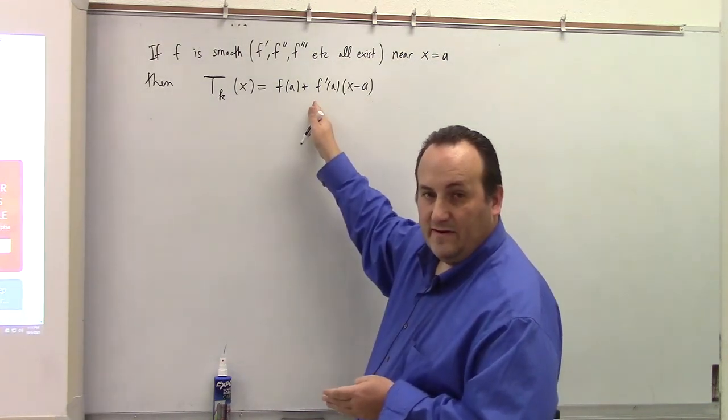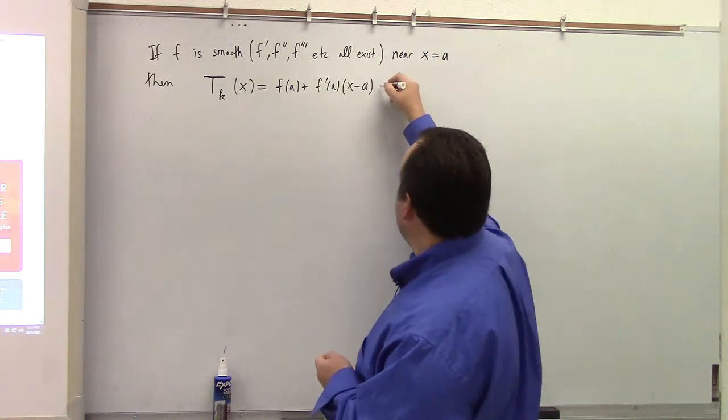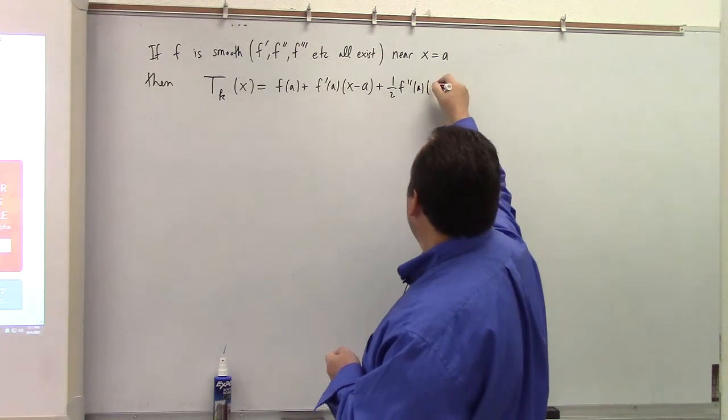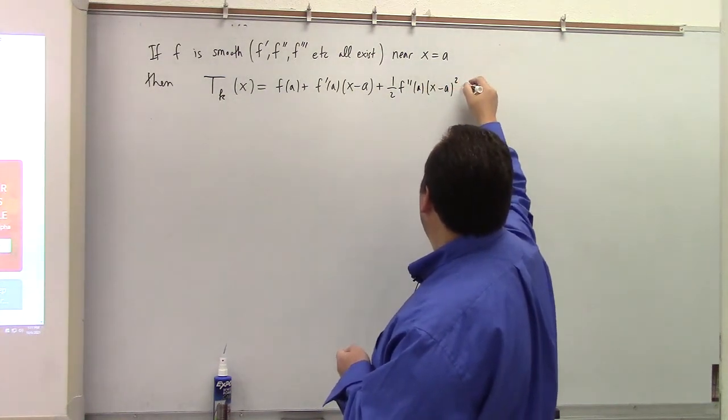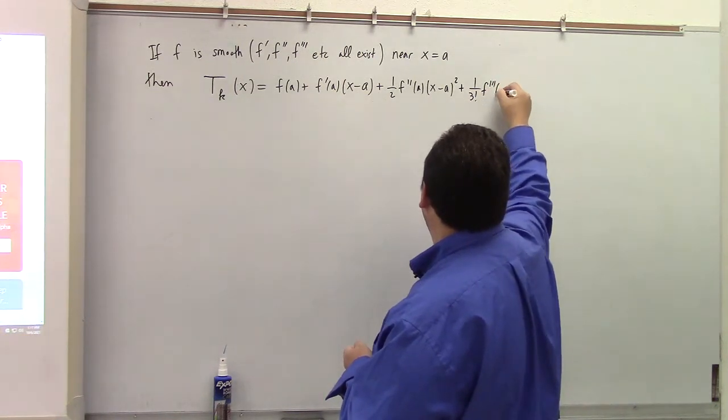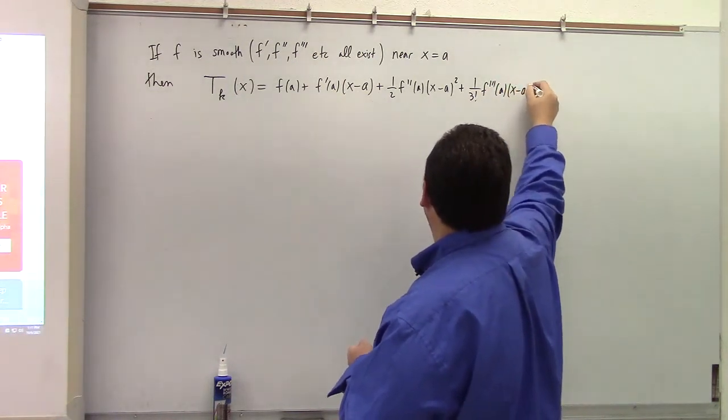But it doesn't stop there. Taylor polynomials keep going. So the next thing is 1/2 f prime prime of a times x minus a squared. And then next, you've got 1/3 factorial f prime prime prime of a times x minus a cubed.